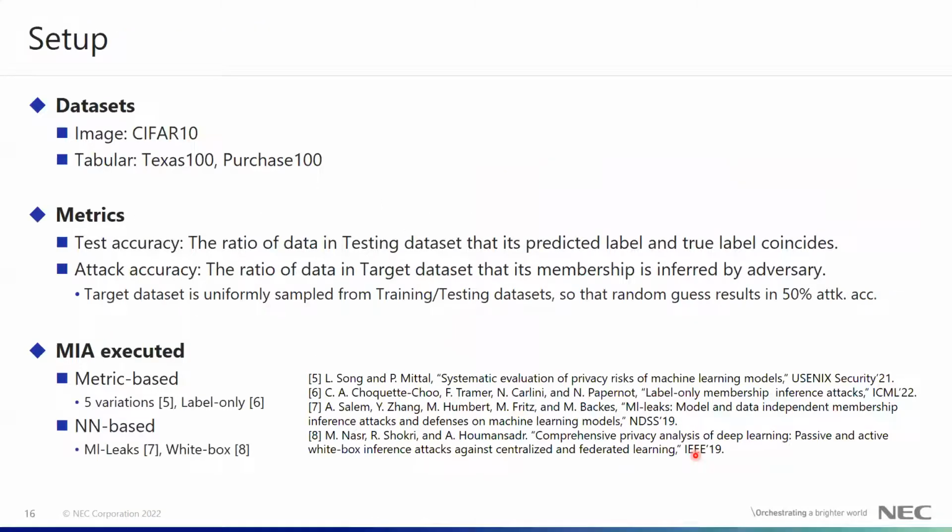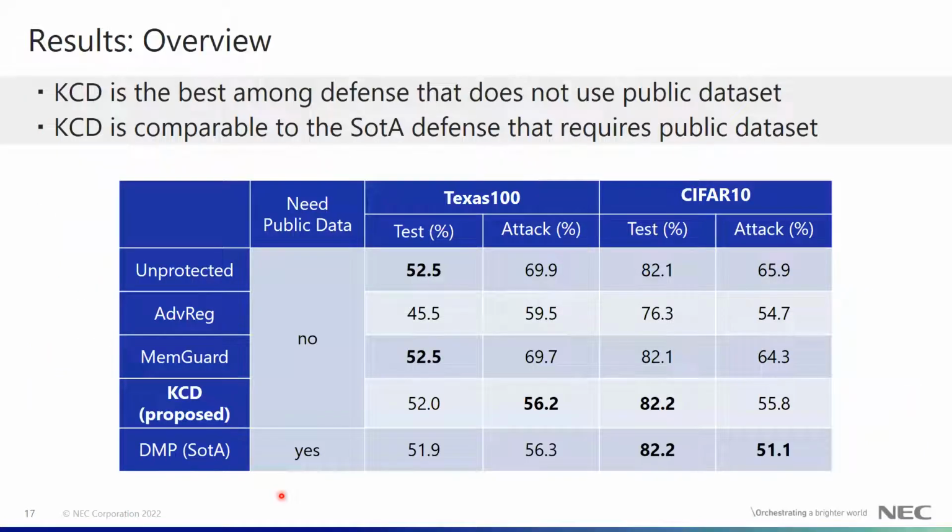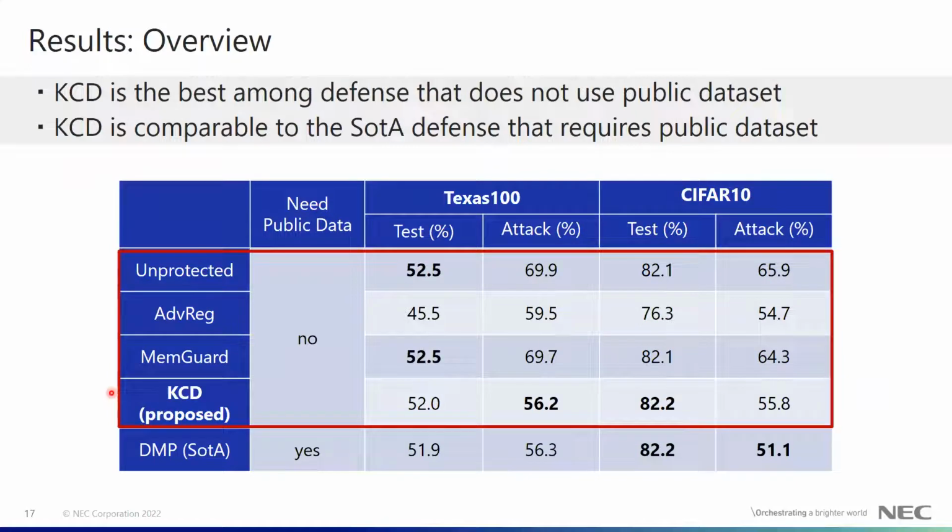Okay, we conduct experiments on 3 benchmark datasets, CIFAR, Texas, and Purchase, through 2 metrics, test accuracy and attack accuracy, against 2 kinds of MIA, metric-based and neural network-based. Here is an overview. Firstly, KCD is the best among defenses that don't use a public dataset.